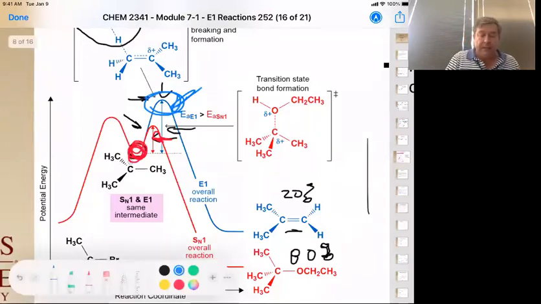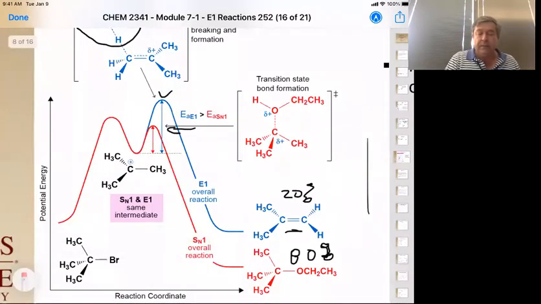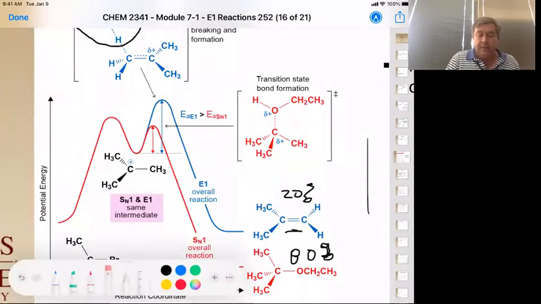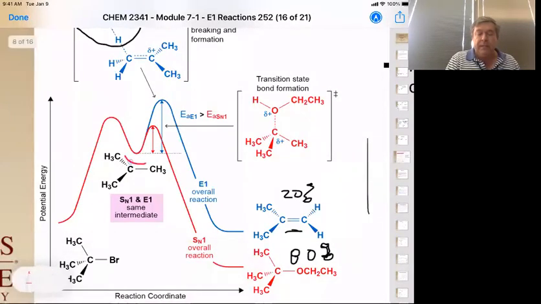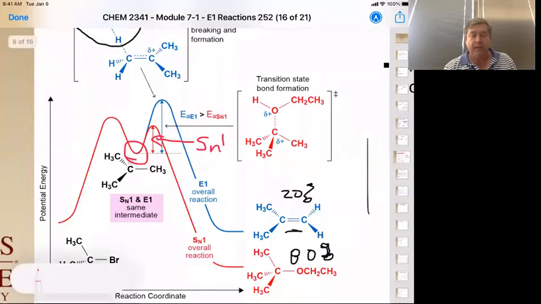So in the case of this reaction diagram, we have the same intermediate. We have that carbocation intermediate, and that carbocation intermediate has to go through that second step. We have two possibilities. We have a small activation energy for the SN1, the substitution product, and we have a larger activation energy for the E1 product.